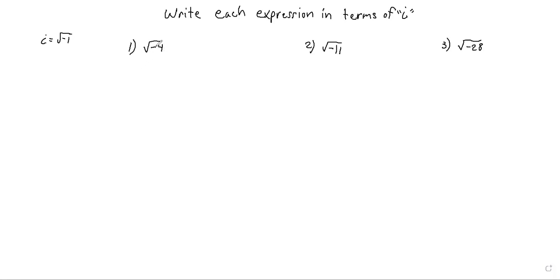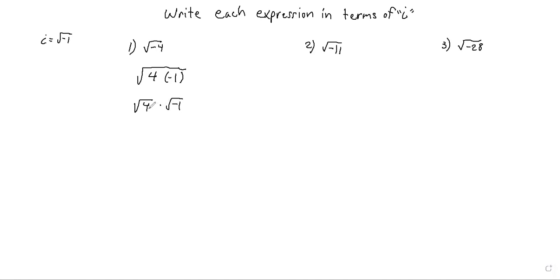So for this one, we have the square root of -4, right? So we're going to factor out the -1. So we're going to have -4 equals 4 times -1. Okay. And then we're going to go ahead and separate those two factors, right? We're going to get square root of 4 times the square root of -1.